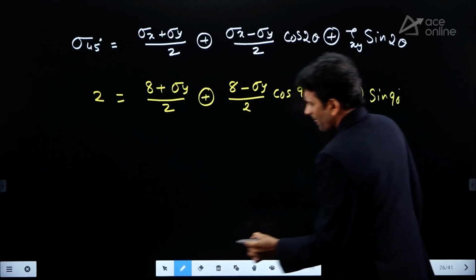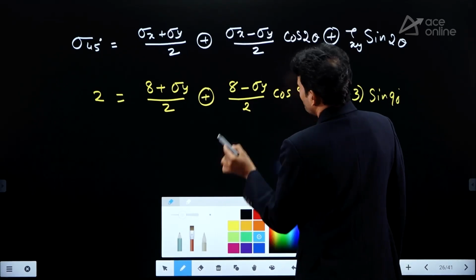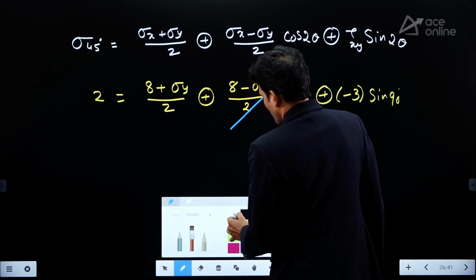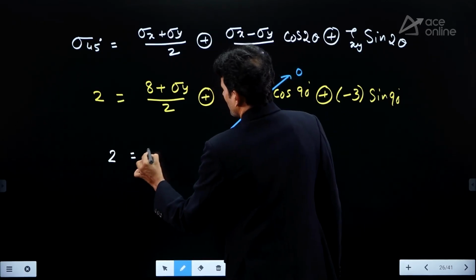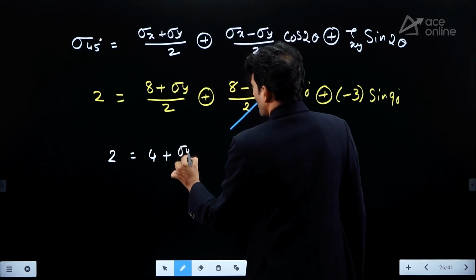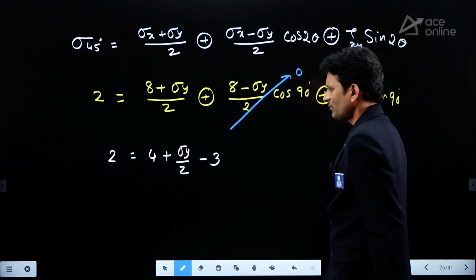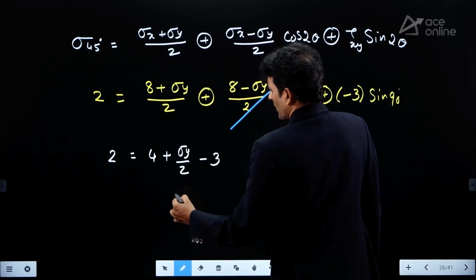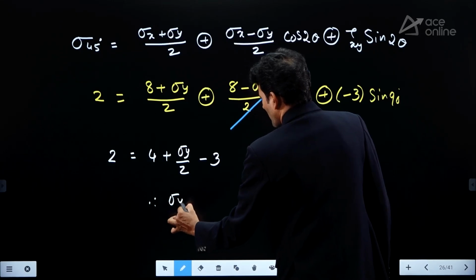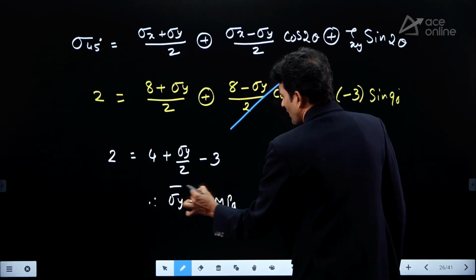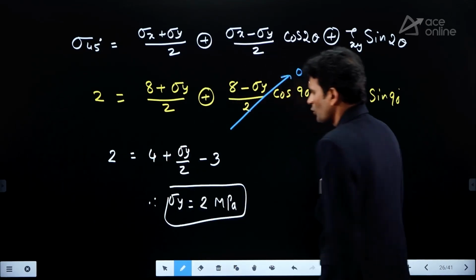Very good. You can strike off this term, since cos 90 is 0. Then if I simplify that, 2 equals 4 plus sigma y by 2 minus 3. Finally, sigma y equals 2 megapascal. Yes, sigma y is there. Sigma y is 2 megapascal.